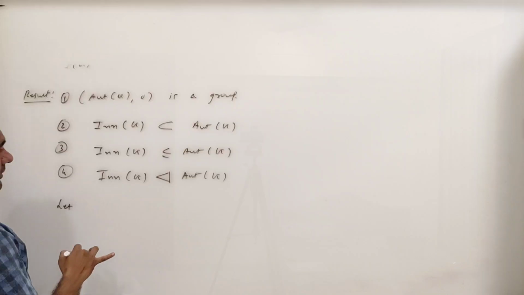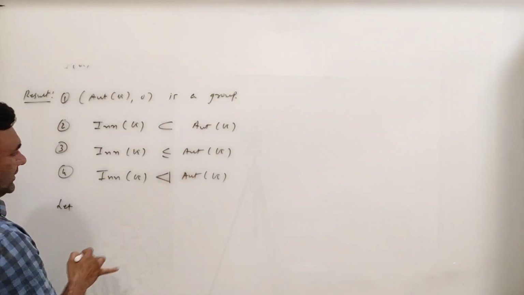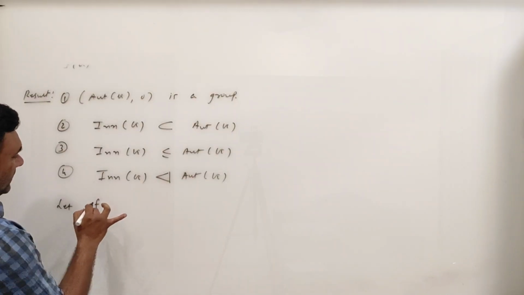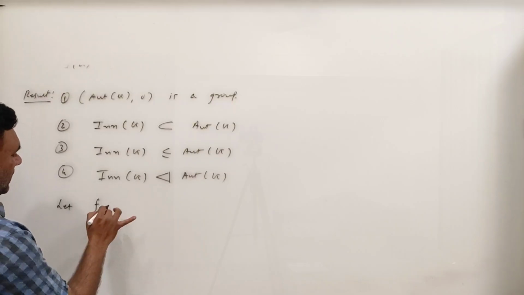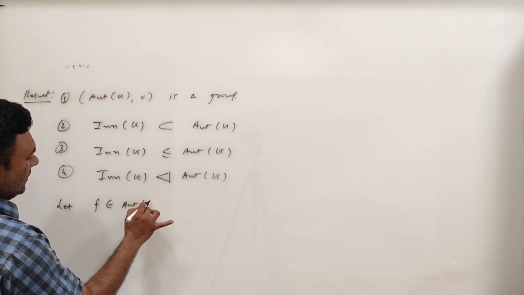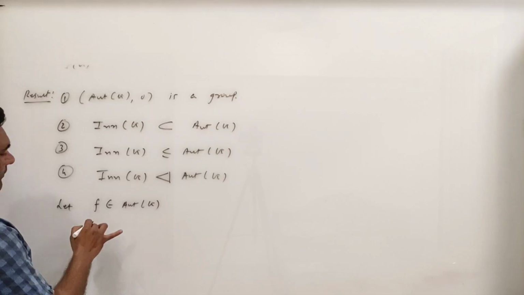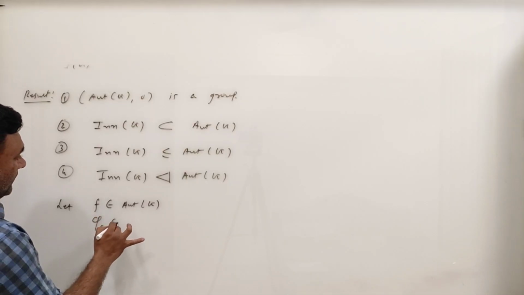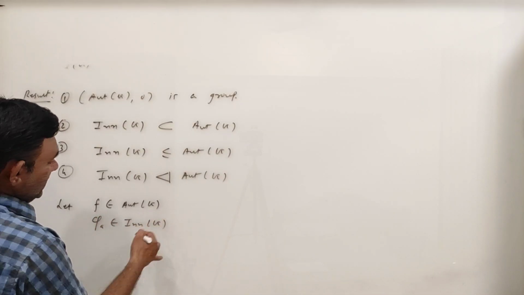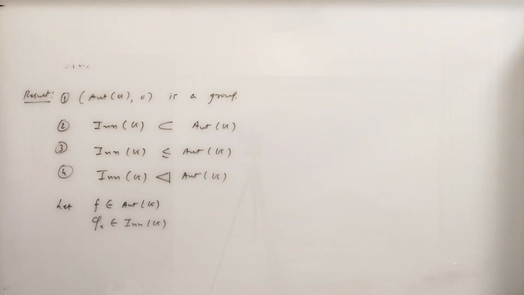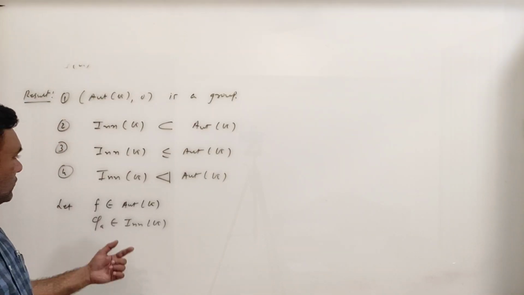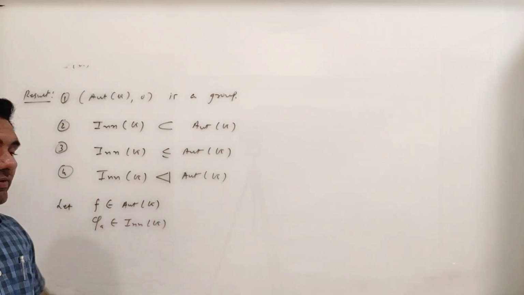So let one element, say F, be from automorphism of G, and one element, say phi A, from InnG. Now I want to show that this one is normal in this one.